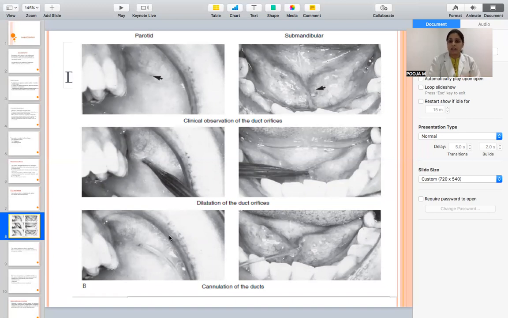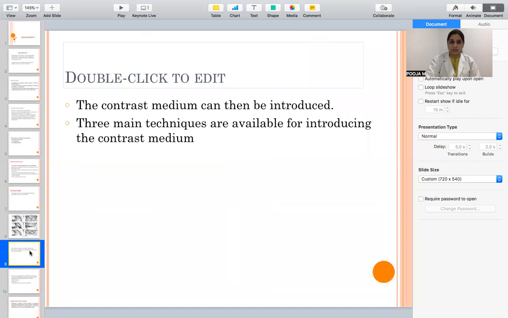After that dilation, you will take out the lacrimal probe, then a cannula is inserted within the ductal orifice. Once this cannula is inserted, the next step is introducing the contrast medium through this cannula.